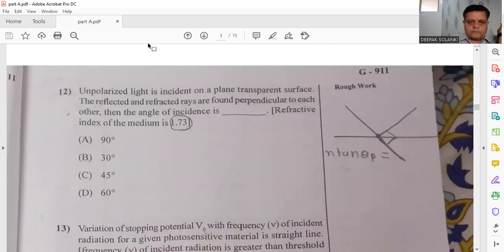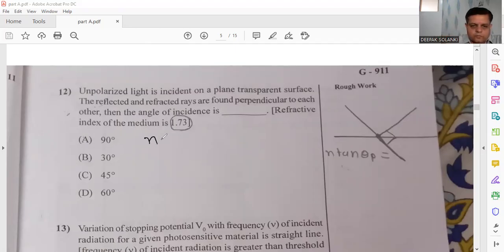Unpolarized light is incident on a plane transparent surface. The reflected and refracted rays are found perpendicular. What does it mean? According to Brewster's law, if the refracted ray and reflected ray are mutually perpendicular, then the reflected ray is plane polarized and your angle of incidence is the angle of polarization.